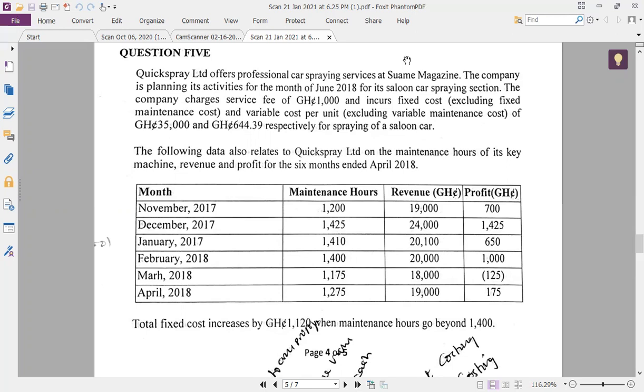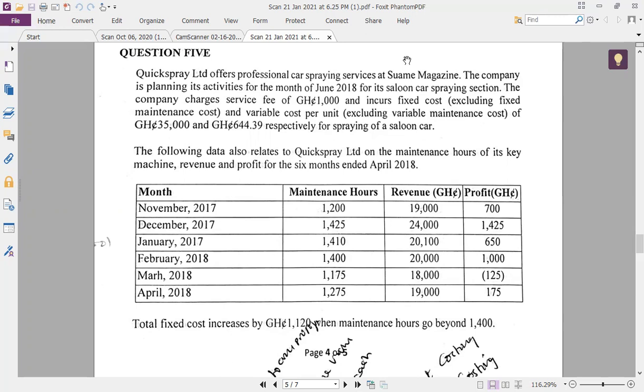Now the following data also relate to Principal Limited on maintenance hours of its key machine, revenue, and profit for the 6 months ended April 2018. I like this examiner. I was looking for an examiner that would do this for me.